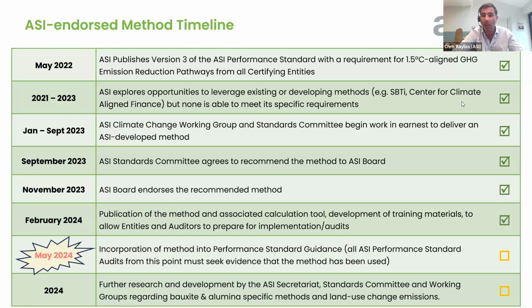How aligned is the pathway method to the IAI pathways? Excellent question, Mission Possible. It is the same. So for primary aluminium, it draws on the IAI pathways and Mission Possible partnership and Centre for Climate Aligned Finance. For the downstream activities, it's all IAI data, their 1.5 degree pathway, which is broadly aligned with the net zero emissions scenario of the International Energy Agency.